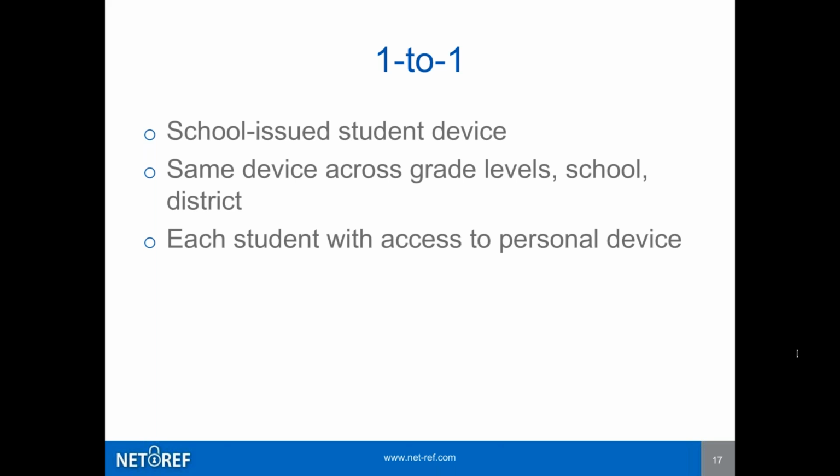Typically, it's a school-issued device where each student has their own. So one device per one student, the one-to-one. The same device across grade levels, schools, and districts is often the case, but not always. And each student has access to a device that's assigned to them. So it's their personal device they're going to use all year long.